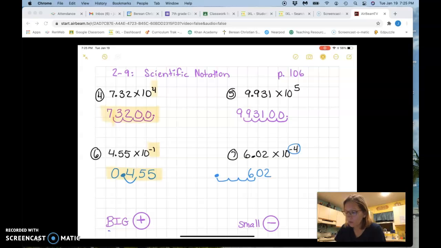And that's where my new decimal goes. Fill in any empty hops with zeros. And I'm going to put a 0 in front. You don't have to put the 0 in front, but you can. Okay, so that becomes my new number, 0.000602. That's a lot of zeros. All right, copy these down in your math journal, and I will be right back.